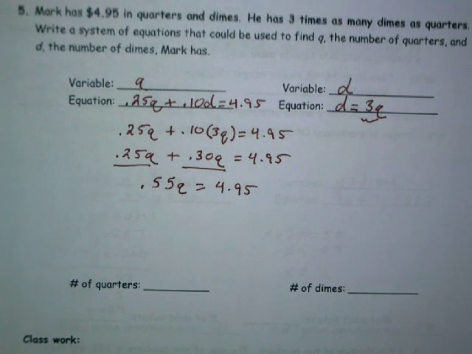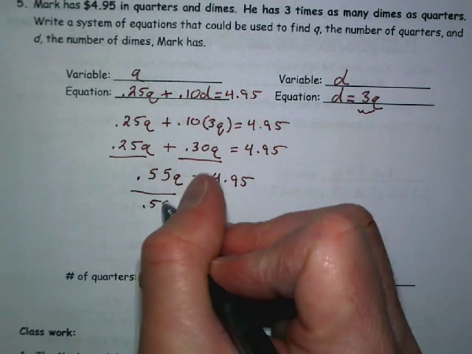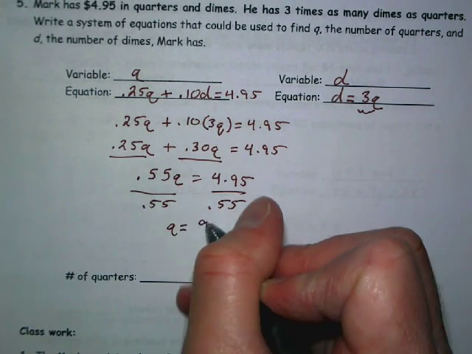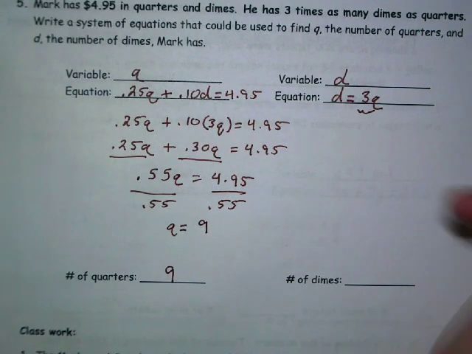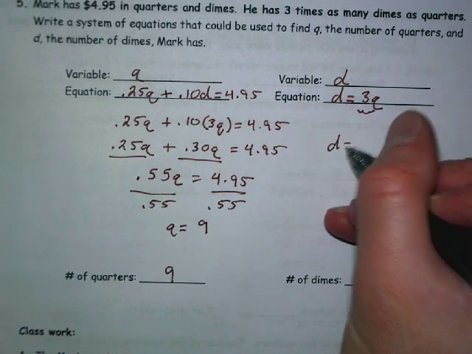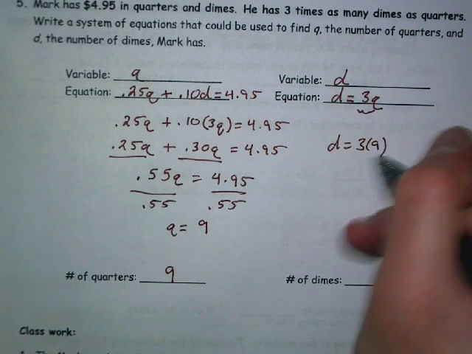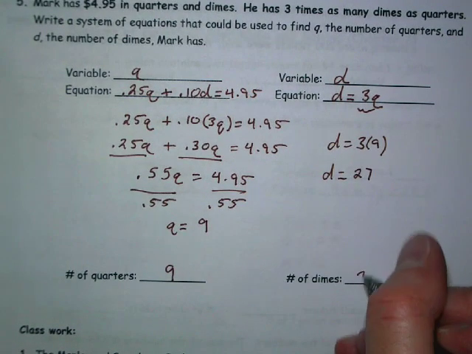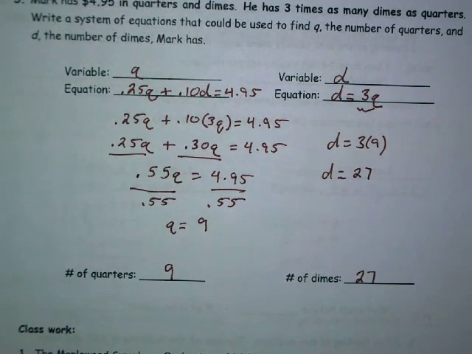And when we divide 495 by 0.55, we get 9. So quarters is equal to 9. So if we plug that back in, dimes is equal to 3Q, so 3 times 9. So the number of dimes has to be 27. So we got 27 dimes and 9 quarters.